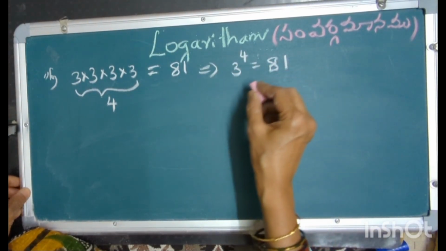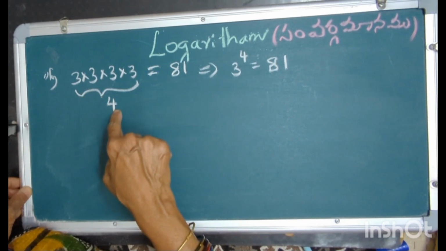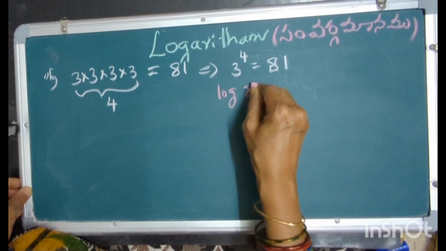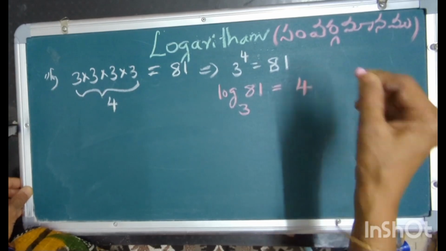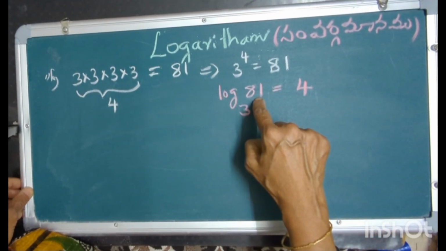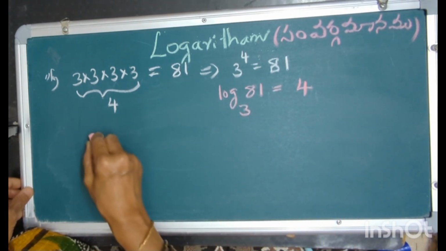We express this in logarithm form. అంటే ఎన్నిసార్లు మల్టిప్లై అవుతుందో దాన్ని మనం లాగర్థమ్స్ అంటాము. సో లాగర్థమ్ ఆఫ్ 81 base 3 is equal to 4. 3 4 టైమ్స్ మల్టిప్లై అయితే మనకి నెంబర్ 81 అని వచ్చింది.